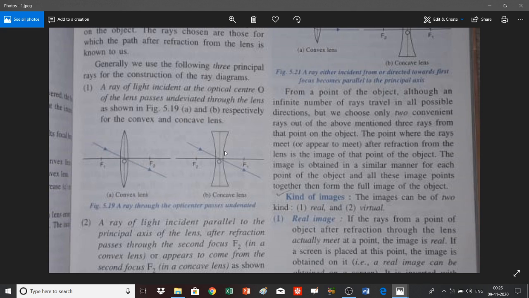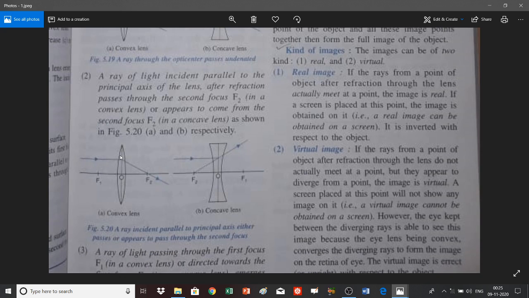Here also, in the concave lens, a ray passing through the optical center goes straight away. So this is the first convention of drawing a ray of light passing through a lens: if a ray of light passes through the optical center, it will pass straight without any deviation.